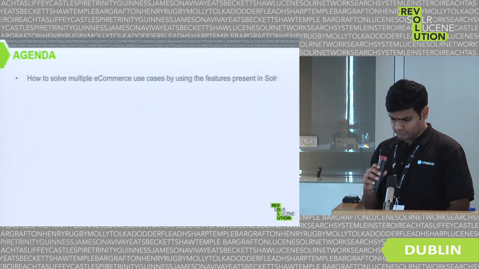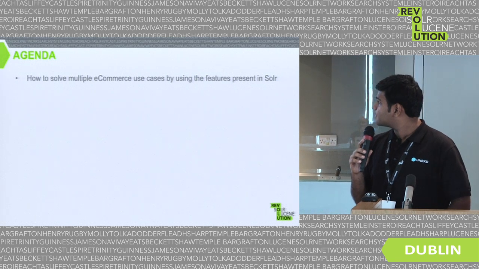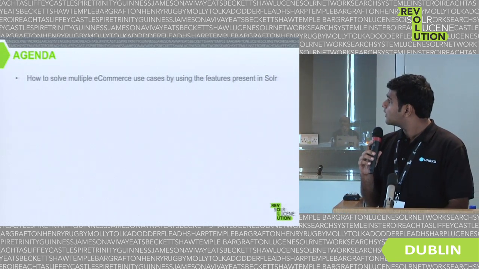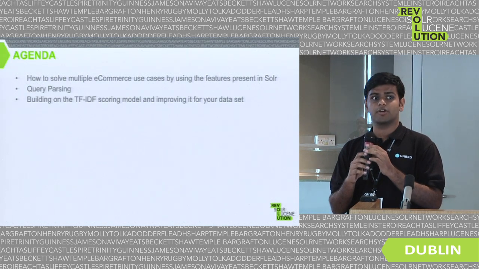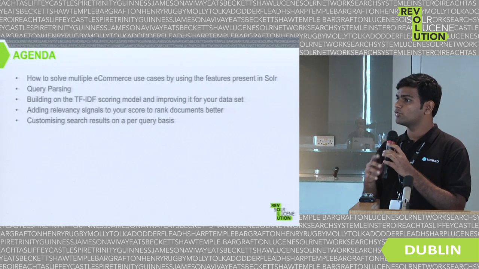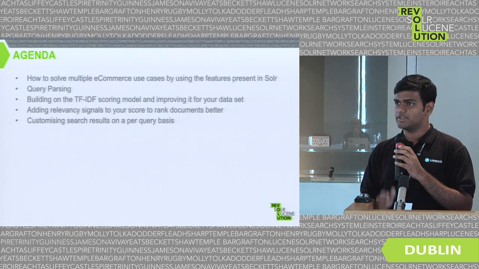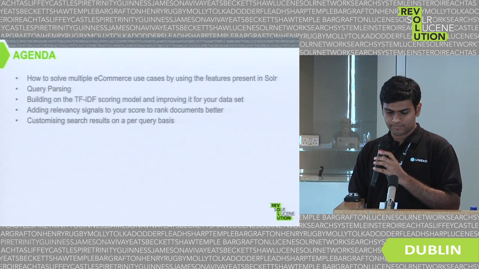So that would be the agenda for the talk. And even if you're not satisfied, then you could customize search on a per query basis. So all of this, how to use Solr to do all of these, would be my talk.